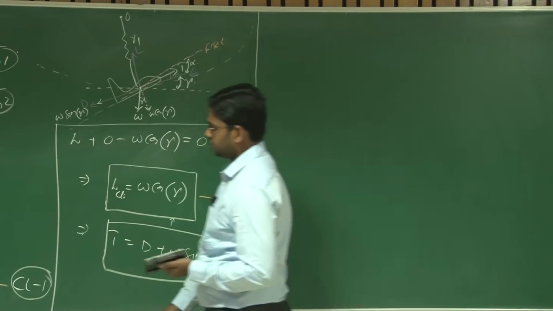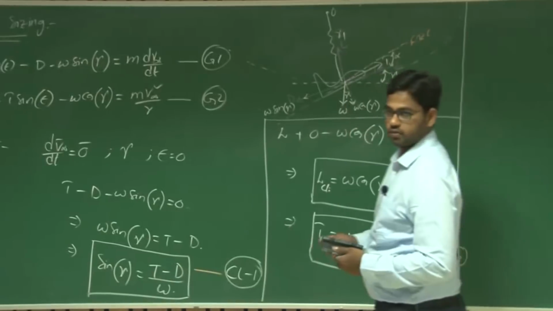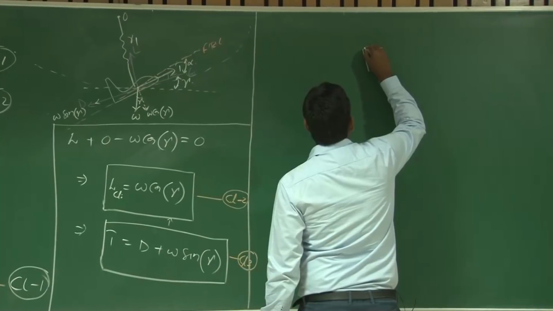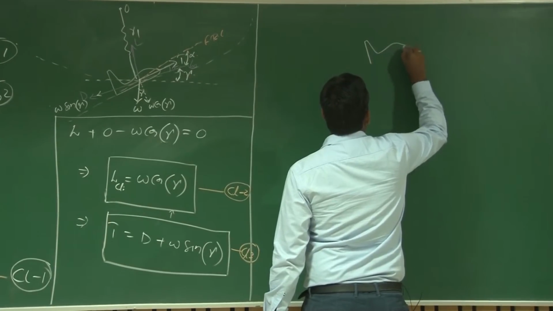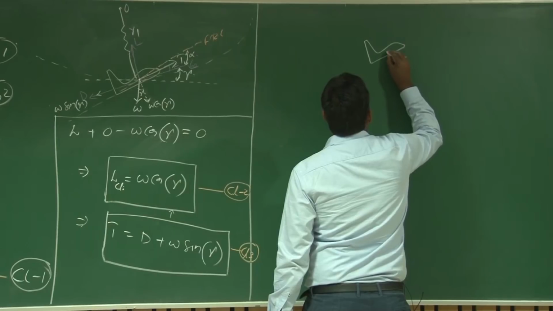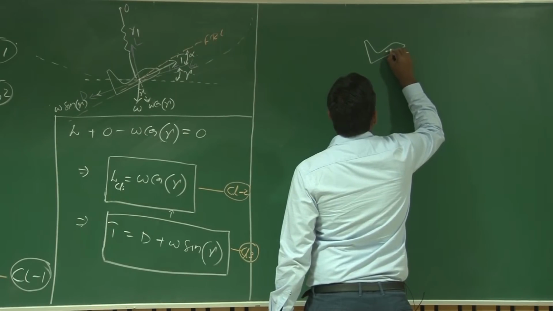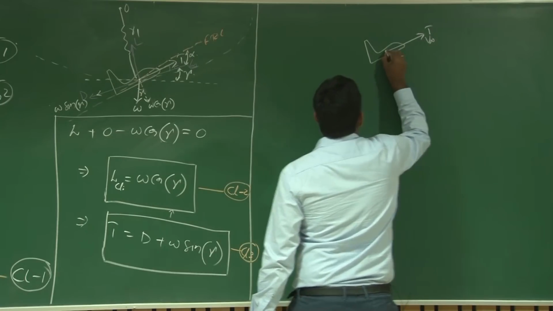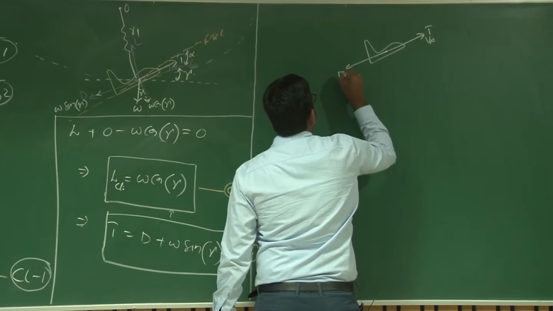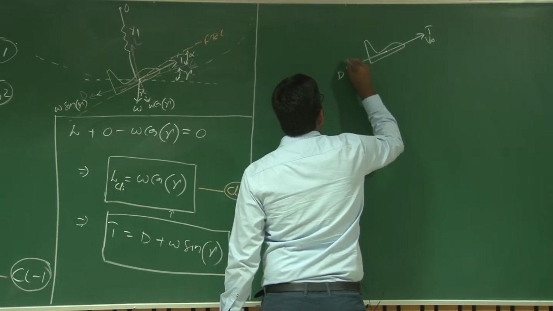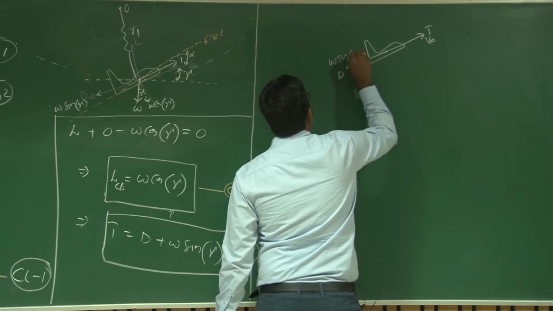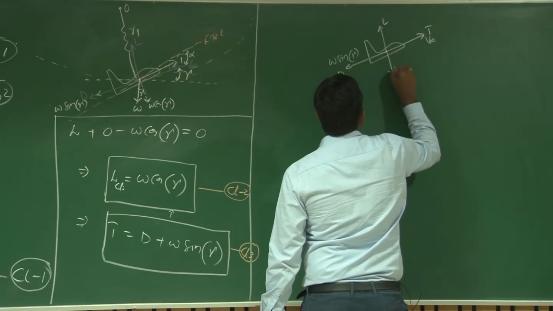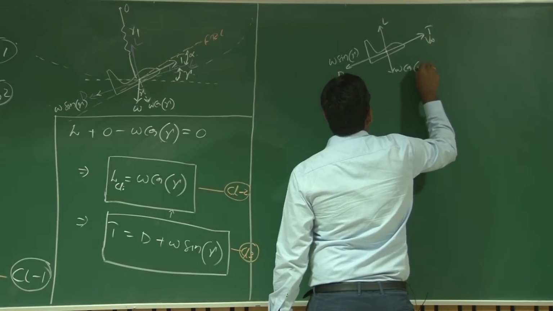So what does it mean here? Sin gamma is equal to T minus D by W. Say for a steady climb with these assumptions, we have thrust and we have V infinity. We have drag and we have W sin gamma. We have lift and we have W cos gamma, right?